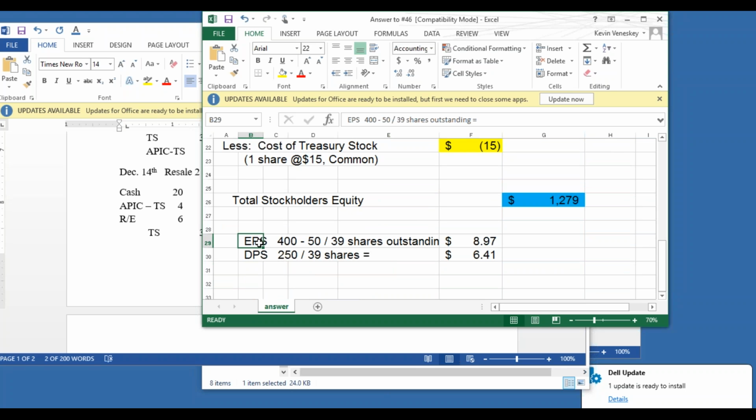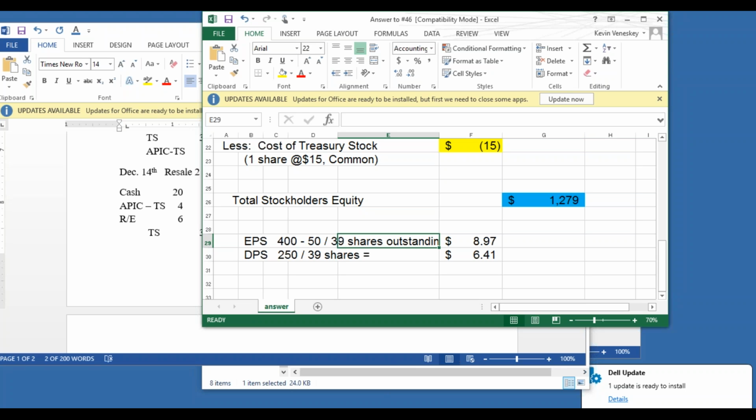So remember, earnings per share, best case scenario: you take your net income, as if they gave out every single dollar to our stockholders, subtract out how much has to go to my preferred stockholders, because I'm never going to get that, and then divide by our number of outstanding shares. Note I have 39. If you go back and recalculate, you might have said it's actually 40 shares, because we had the first two items that were 20 shares and then 10 shares, and then the dividend of 10 shares.